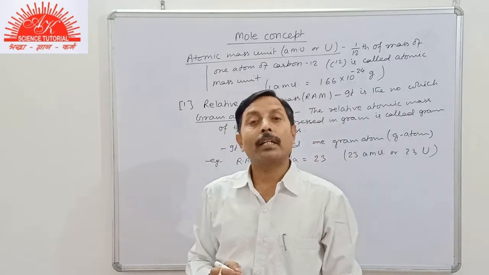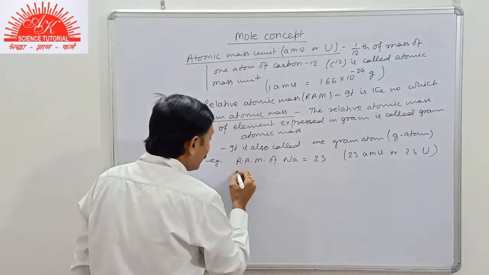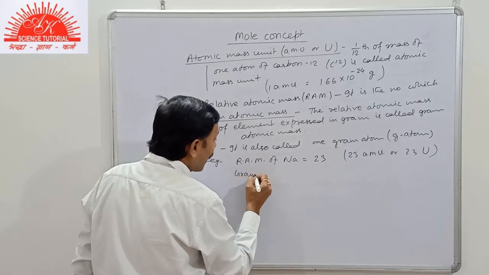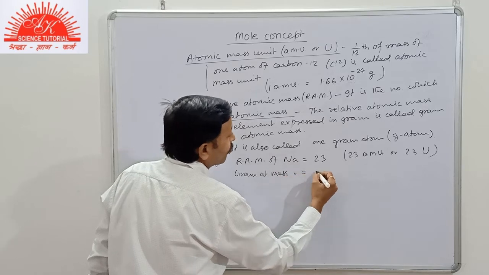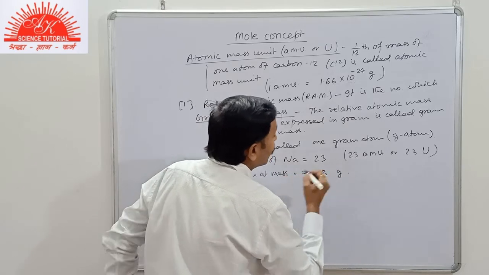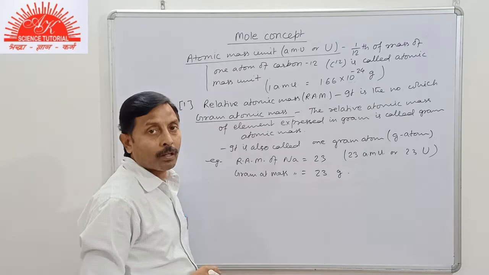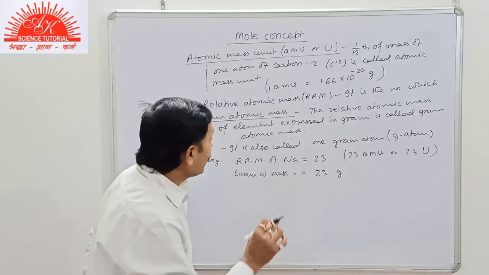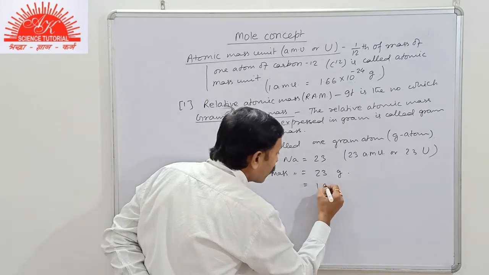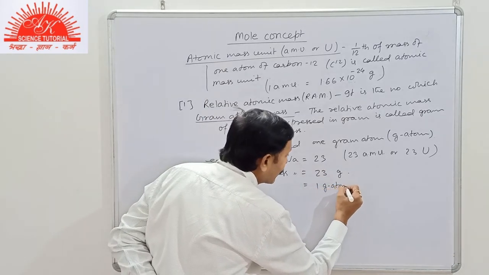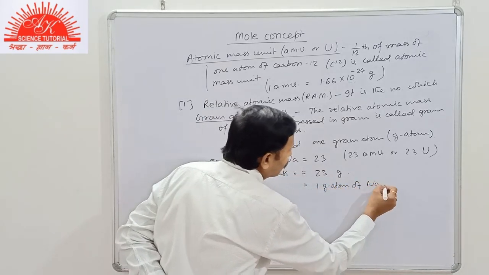You will not write gram here, but if it is given gram atomic mass of sodium, then write 23 gram. And it is also called 1 gram atom of sodium.